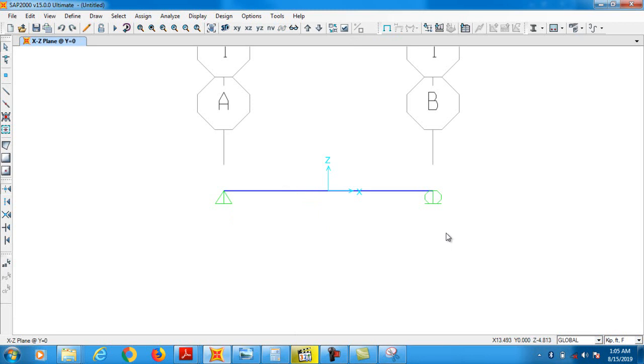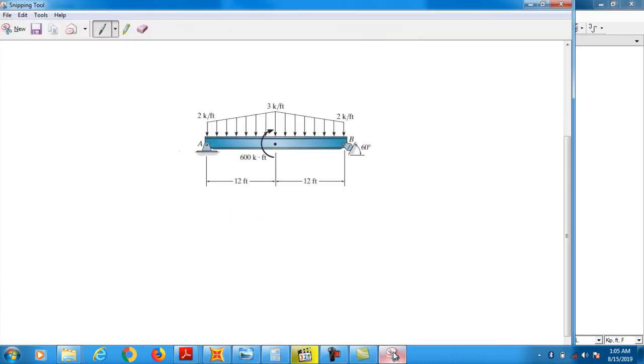This is the beam having a hinge and a roller. Units are okay. Now we need to rotate this joint. You see here that this joint is rotated by 60 degrees.